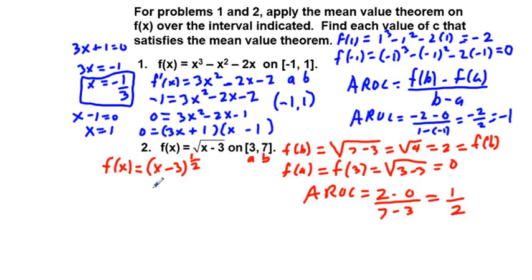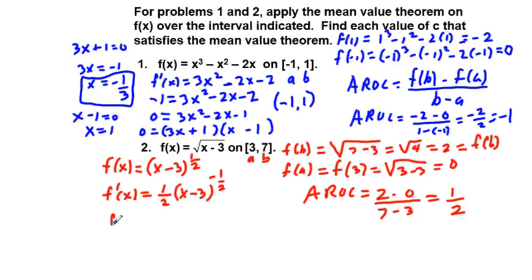And f prime of x is equal to 1/2 times x minus 3 to the power of negative 1/2, and that times the derivative of the inside. Well, the derivative of the quantity x minus 3 is just going to be 1.